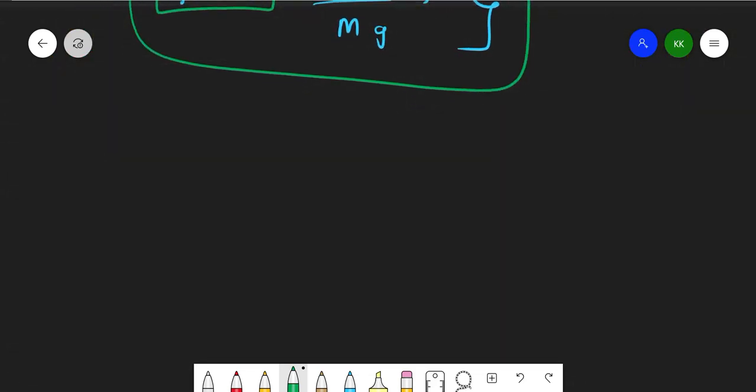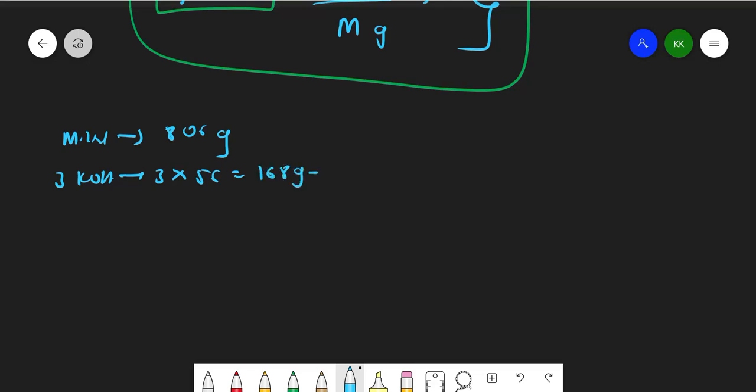So in the above case we saw that the molecular weight of the fat I calculated was 806 gram, right? And 3 equivalents of KOH I required, so 3 into 56, I got 168 gram, but that I have to convert into 168,000 milligram, right?